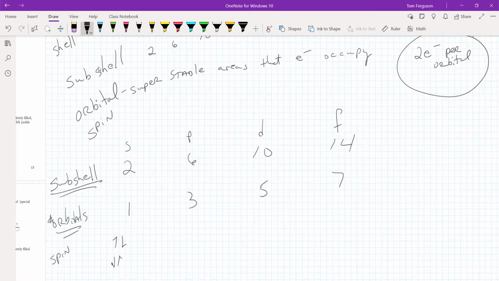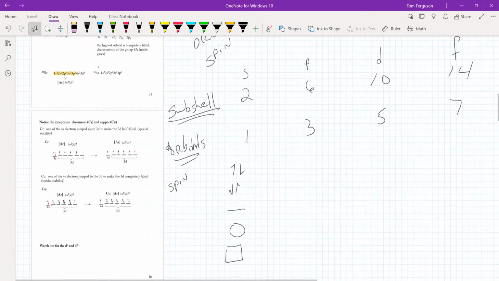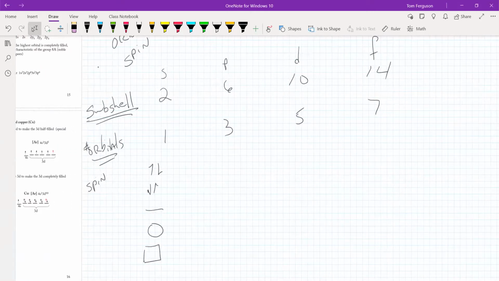So we have three orbitals here. Depending on what book you're reading, what text you're reading, what article you're reading, the orbitals are represented with either lines, circles, or boxes. My particular notes represent them with lines. So if we have three orbitals, that means we have three lines.